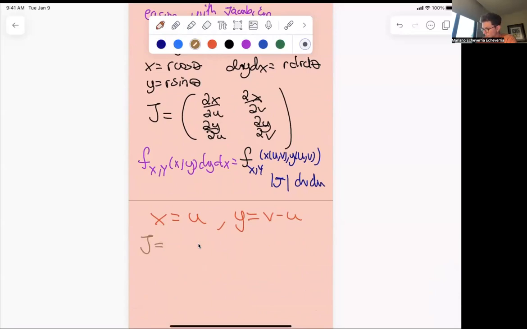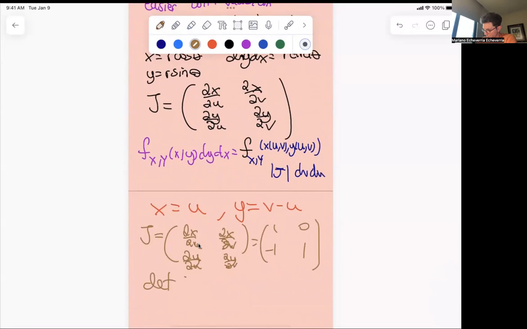The Jacobian is the derivative of x with respect to u, the derivative of x with respect to v, the derivative of y with respect to u, the derivative of y with respect to v, and that is 1, 0, minus 1, 1. So this determinant is just 1.